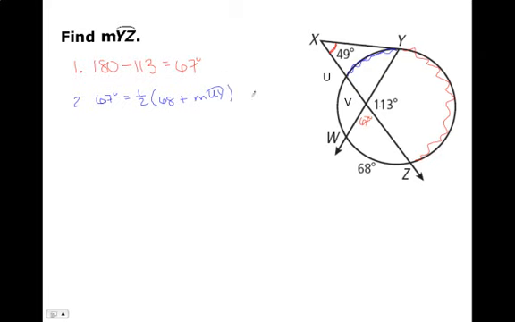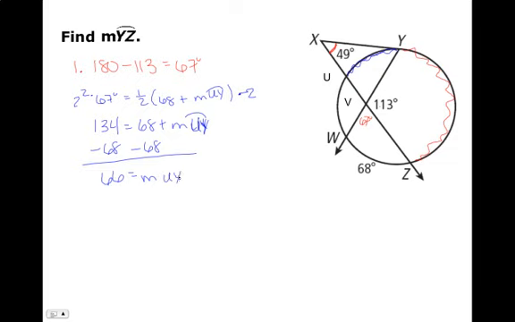So again, we have that fraction, so we multiply both sides by the denominator. And we get that the measure of arc UY is 66 degrees. So now we know that this is 66 degrees.